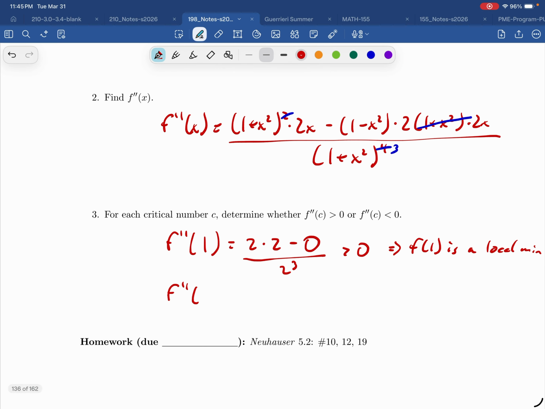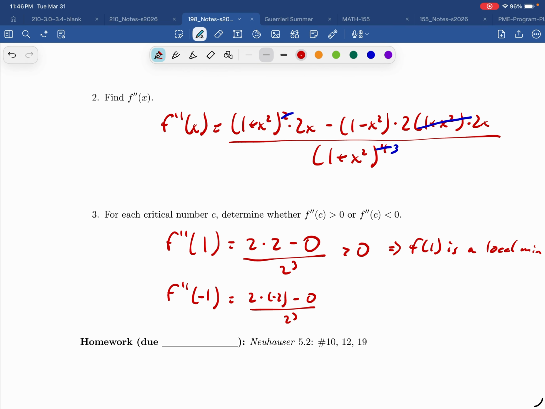Anyway, f double prime of negative 1 equals, well, it's going to be the opposite, right? We're going to have a negative. It's 2 times -2 minus 0 all over, and then this will be, again, 2 cubed.